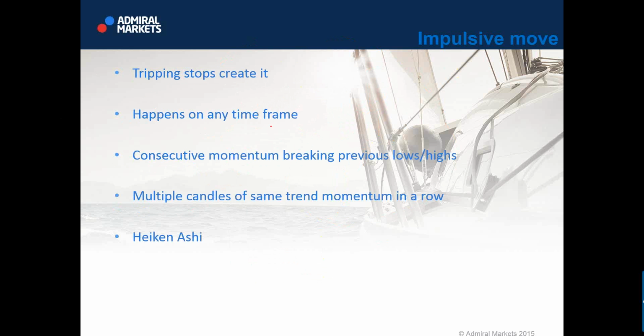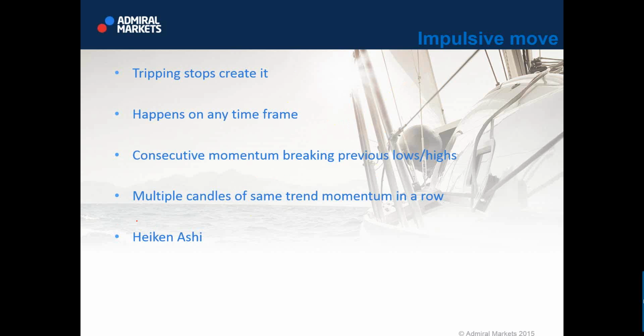Impulsive moves can happen on any time frame, and because they create imbalance in the order books, they need a correction, which will surely come. Everything, as you already know, should be in equilibrium. There shouldn't be any divergence from the equilibrium. If there is a divergence, usually the correction will happen.